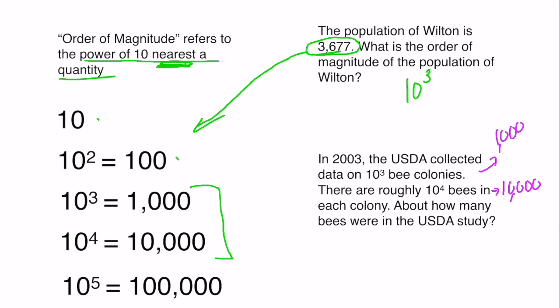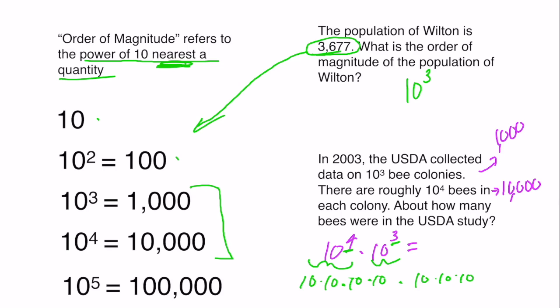Well, if each colony had 10 to the fourth bees, and you are looking at 10 to the third bee colonies, you're going to be multiplying 10 to the fourth bees times the number of colonies. And we learned that when you multiply these, you're going to be adding the exponents, because if you expand this, that would be 10 times 10 times 10 times 10, that's 10 to the fourth, times 10 times 10 times 10, which is 10 to the third.